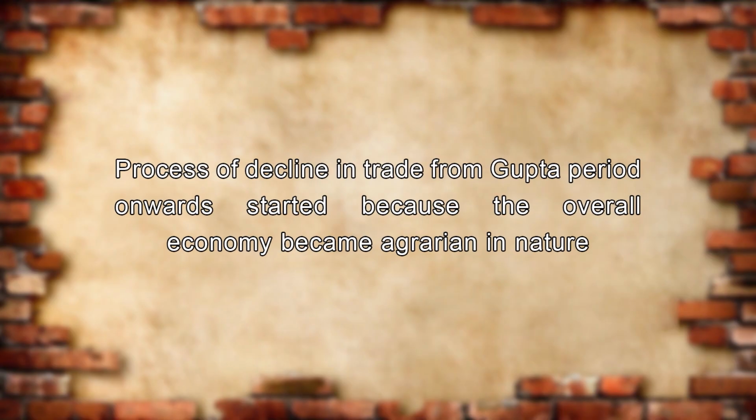The process of decline in trade from the Gupta period onwards started because the overall economy became agrarian in nature. The crucial element that played a role in this direction was the system of land grants, which grew in number in the Gupta and especially in the post-Gupta period.